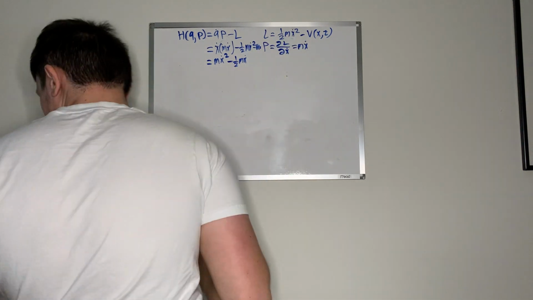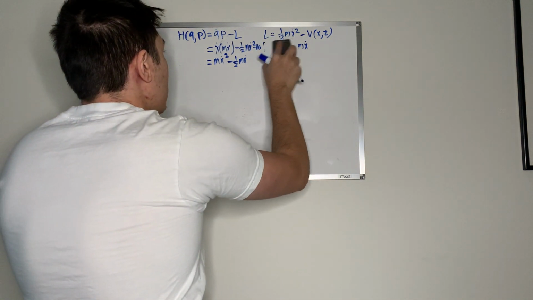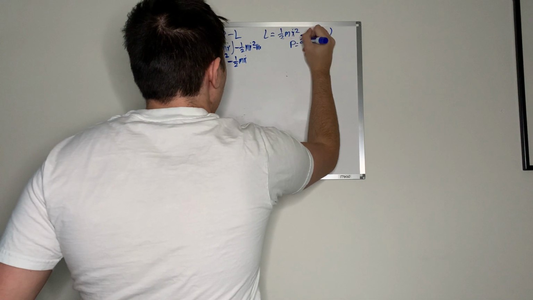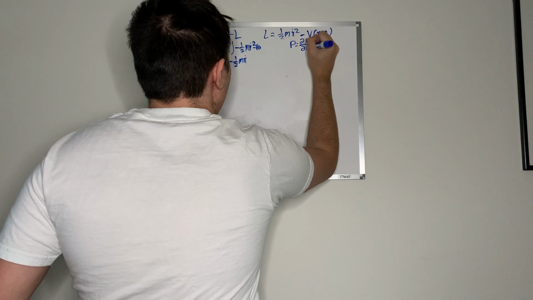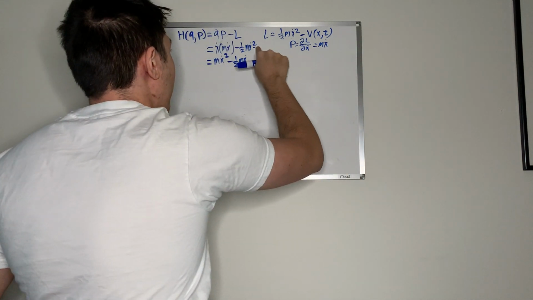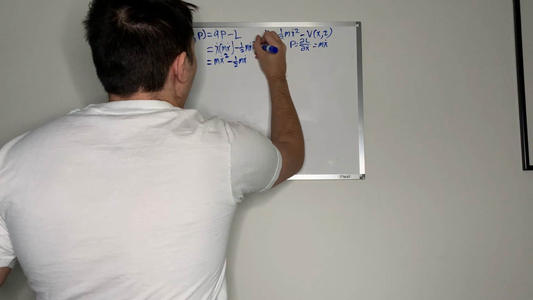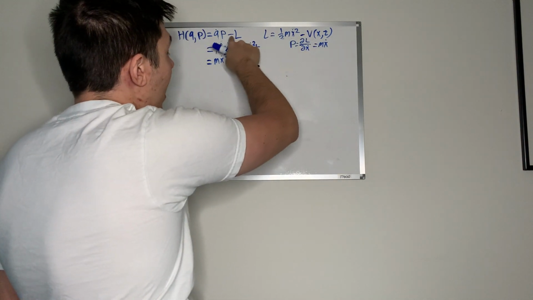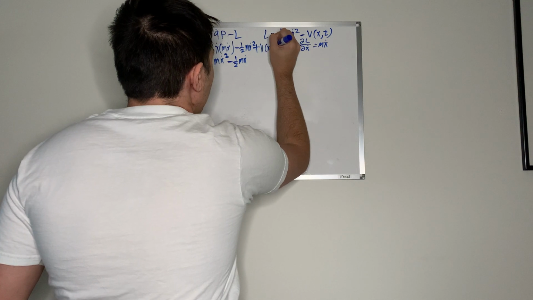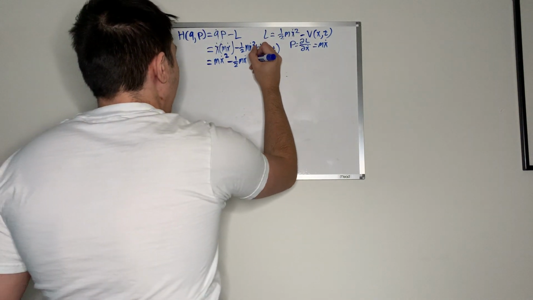Let me write that a little better. So p is equal to partial L, partial x dot, which is mx dot. And I forgot to write my potential over here. Because it's minus in the Lagrangian, it'll be a plus over here, plus our potential, like that, right?